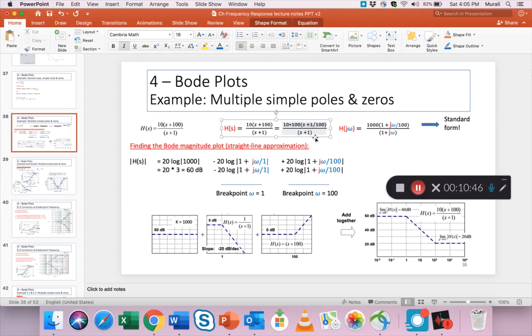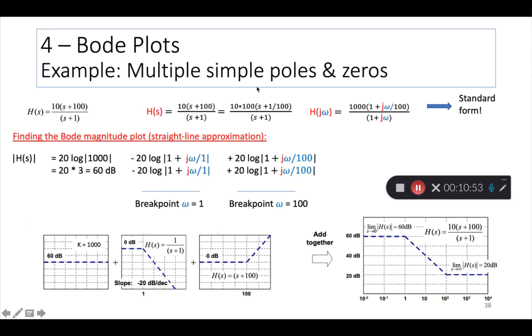Okay, so s plus 1 by 100, and here there is nothing, it's only a 1, so 1 comes out. So this constant in the standard form becomes 1000, and then you put the j omegas in place of the s's, right? Okay, so I hope that's right. But anyway, this is the standard form on the right.